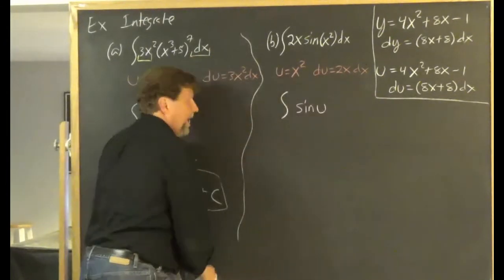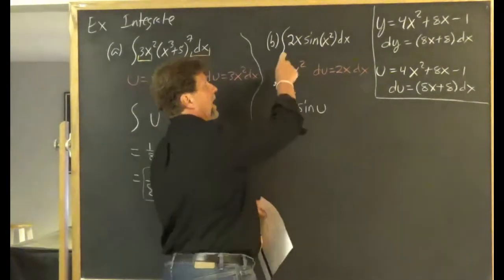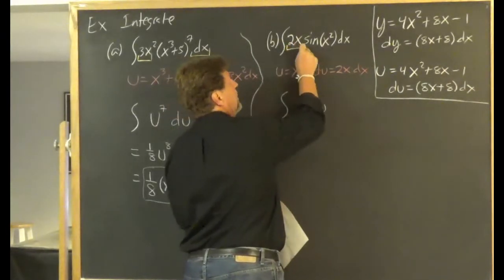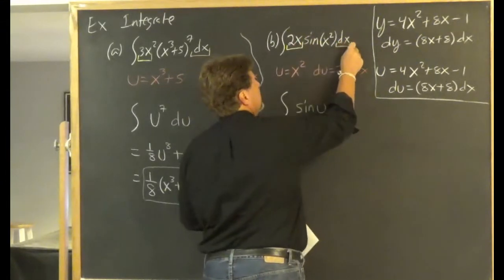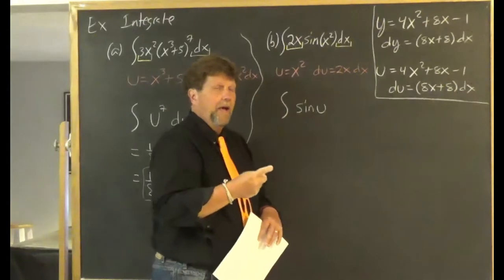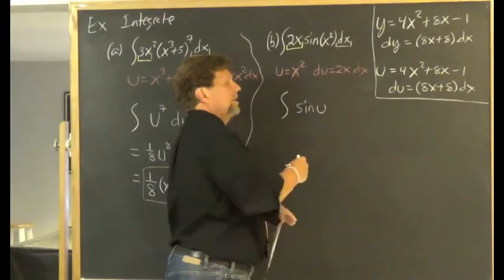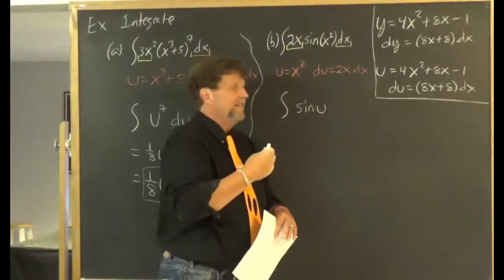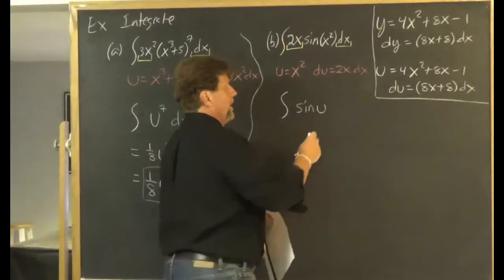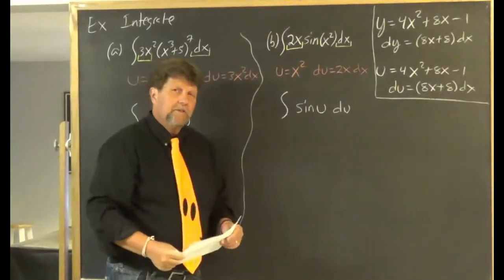Now when I substitute in, the process I got into many years ago was substituting in my U first. So x squared is U, so that would be sine of U. Then I look at what I have left from the original integration problem. Okay, I still have left this 2x dx. It just so happens that my du is equal to the 2x dx, so I substitute du in for 2x dx, and I have a pretty friendly antiderivative to do.